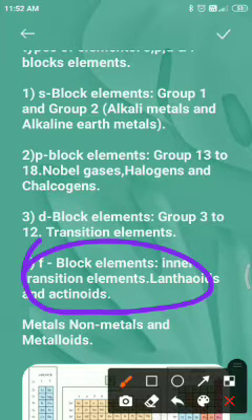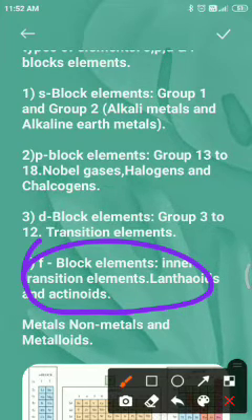Through this we get one question. If the elements with atomic number 117 and 120 have not yet been discovered, in which group would we place them, and what would their electronic configurations be?